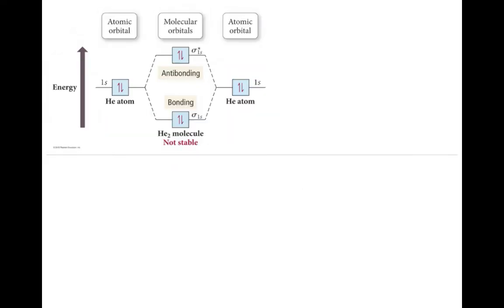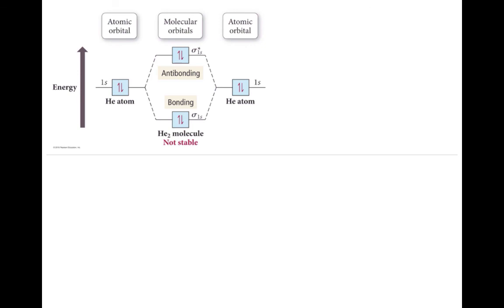Now we can take a look at some other molecules here. We've got a helium atom, and when we look at helium gas, it turns out helium gas is nothing more than just individual helium atoms. Helium is not one of our diatomic molecules, and molecular orbital theory can show us why. If we look at 2 helium atoms, they each have 2 electrons, and when we apply that to our molecular orbital diagram, we have 2 electrons in the bonding, and we also have 2 electrons in the anti-bonding.